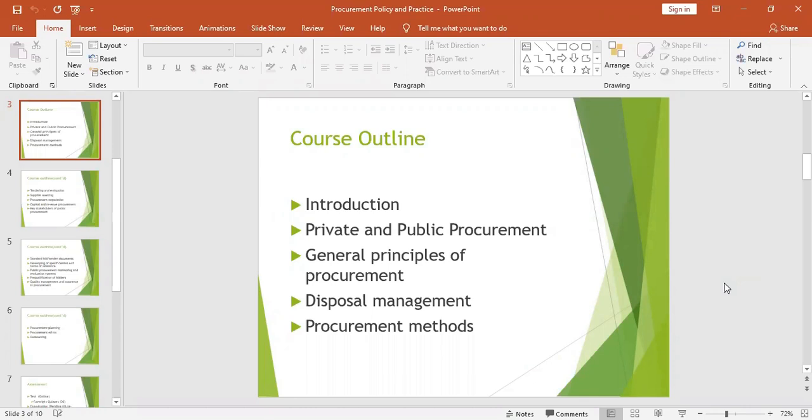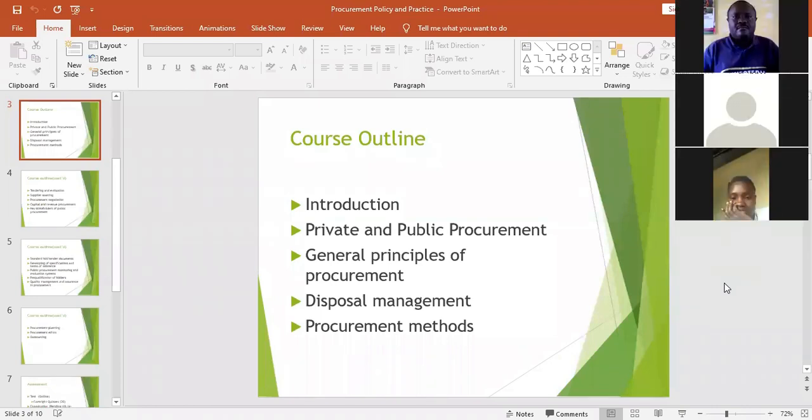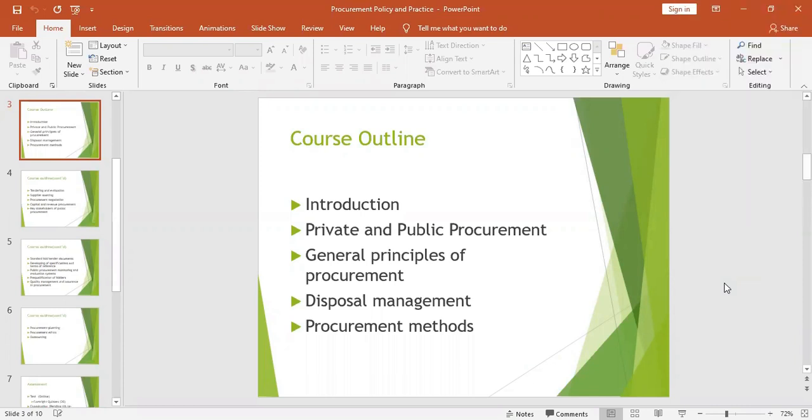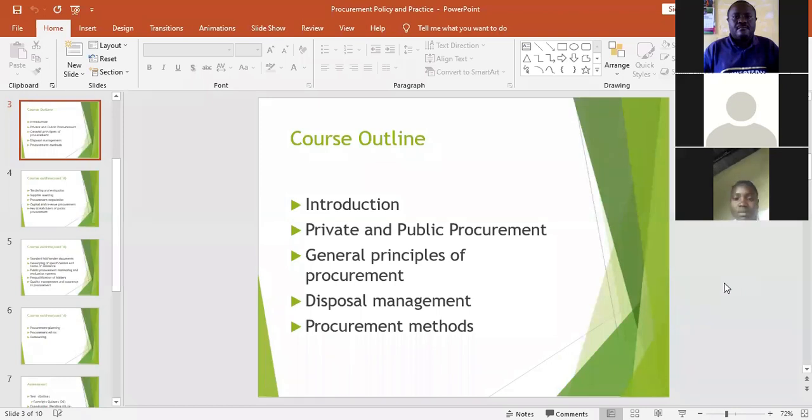Then we have, and this is the last one, the consortium procurement method. It refers to a project procurement method where independent project organizations, for instance, Kenya, Uganda and the Vision Fund, may come together under a memorandum of understanding to procure a common requirement, for instance, computers, under a consortium rather than procuring independently.